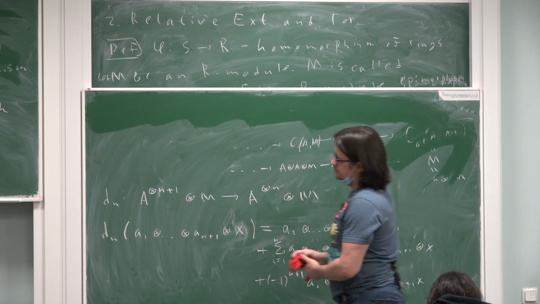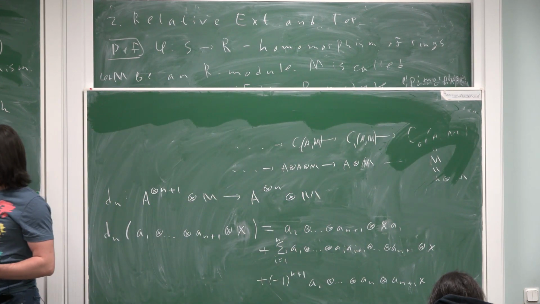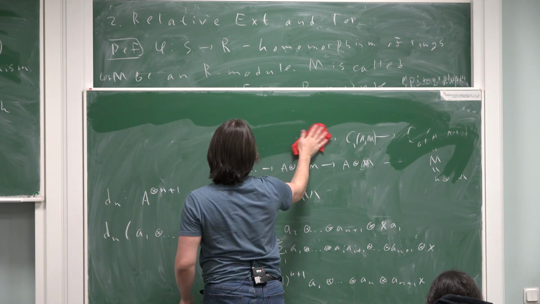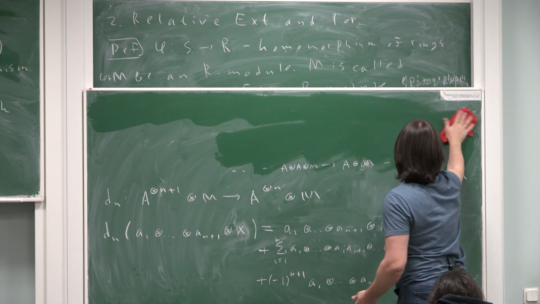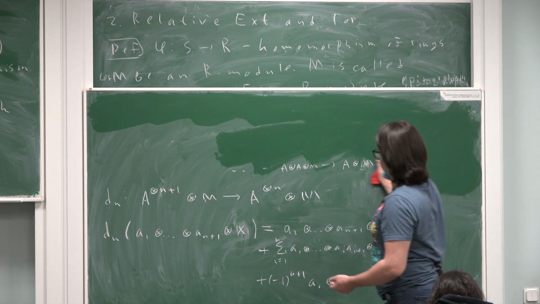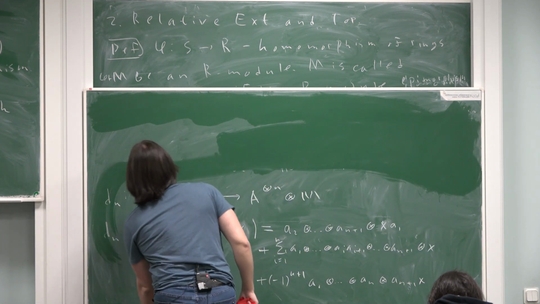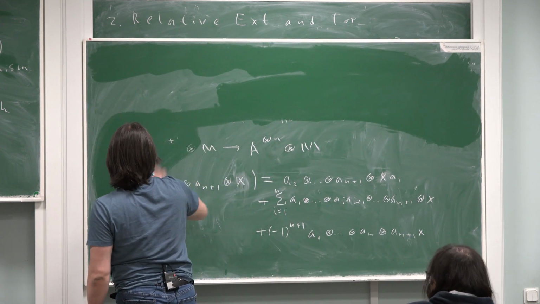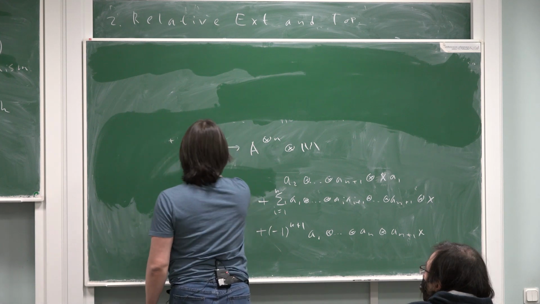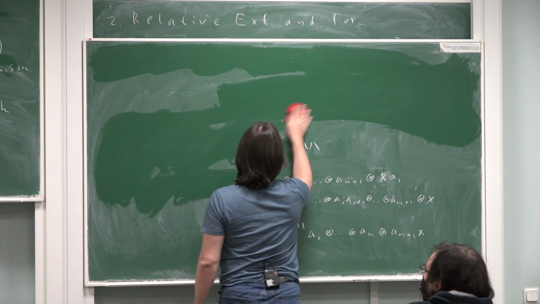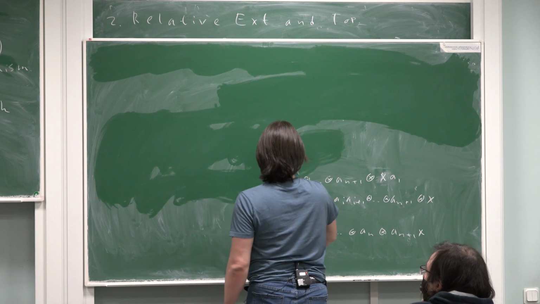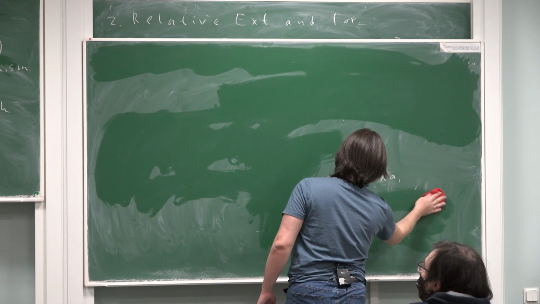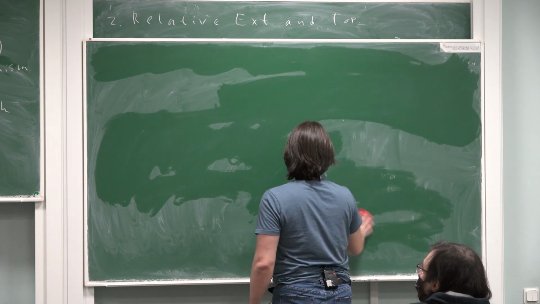The only additional condition is that this map has to be split. So, for example, if S is a field, then we get the definition of a projective module, because, of course, any epimorphism over a field splits.